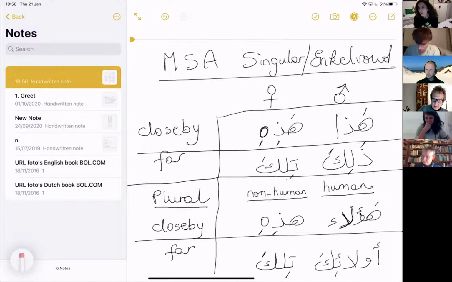The MSA ones are a bit difficult to pronounce. However, what's nice in MSA is there is only one version of each. In dialect, you have different versions: the Syrian, the Lebanese, the Palestinian, the Egyptian. But in MSA, that's it. These are the standard ones.